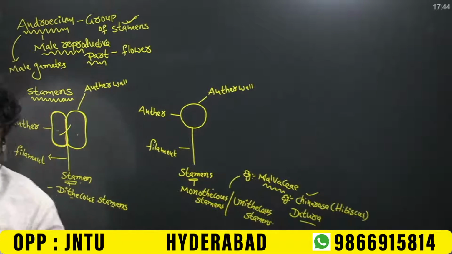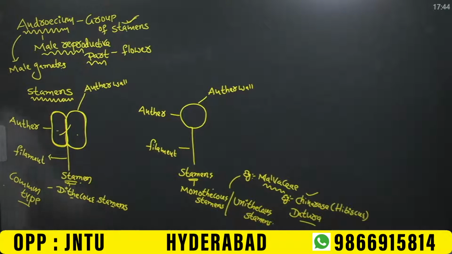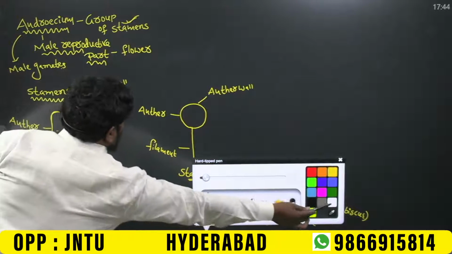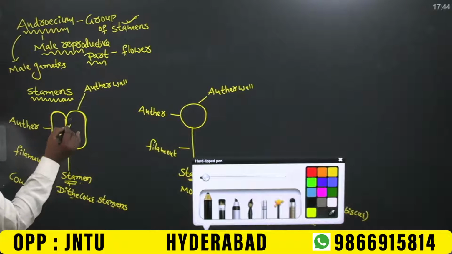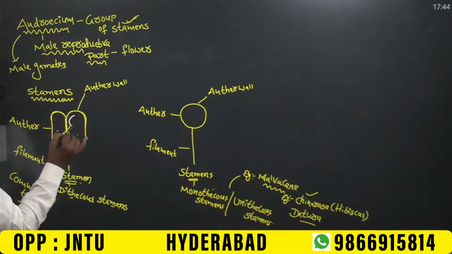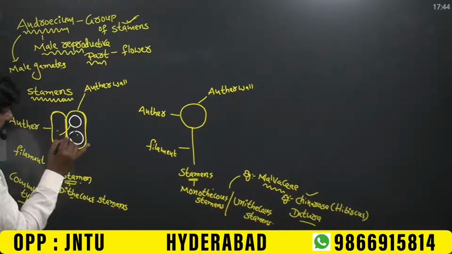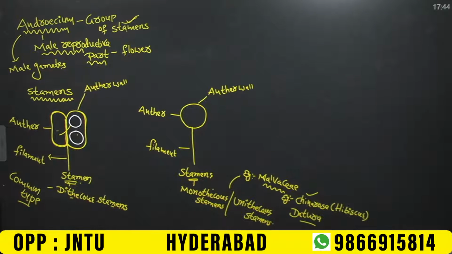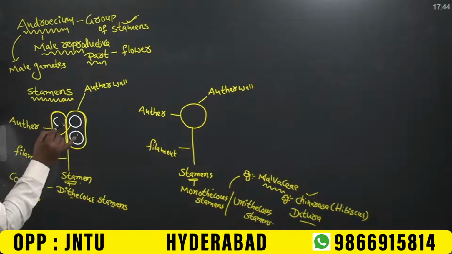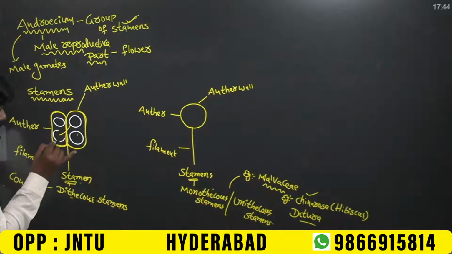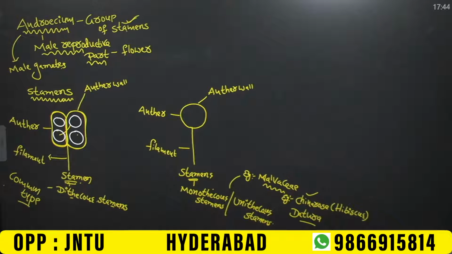Okay? And see, one very important point. Listen carefully. Every lobe consists of two spherical bodies. This is one lobe with two spherical bodies, and this is another lobe with two spherical bodies.